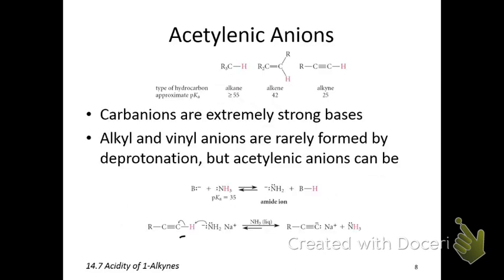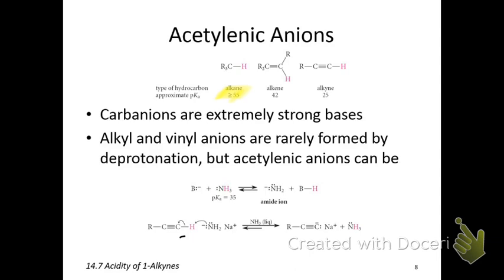When you think about pKa values, that's the indication of how acidic a particular compound might be. If you look at an ordinary alkane, ordinary alkanes have a pKa of about 55 to 60, somewhere in that range.